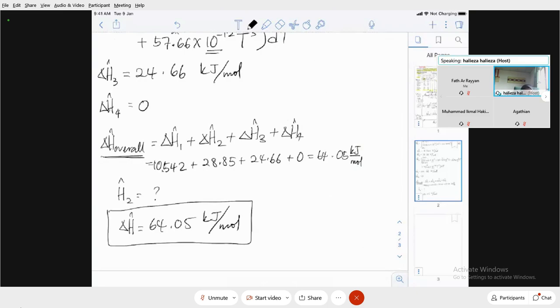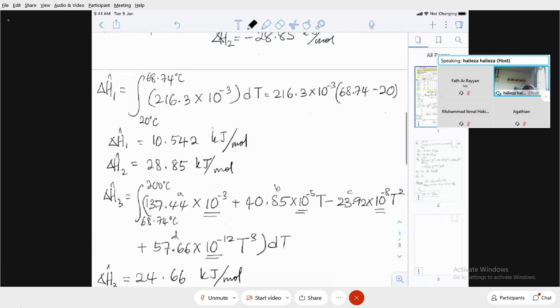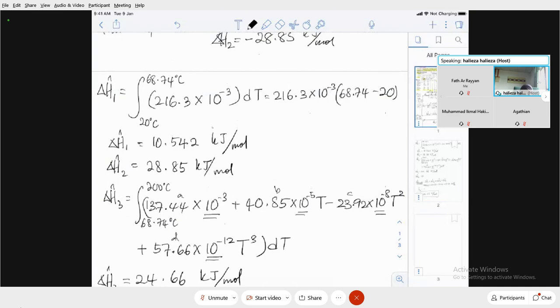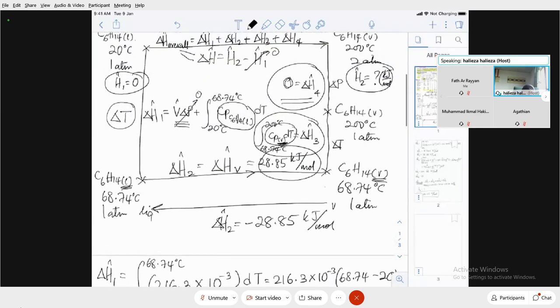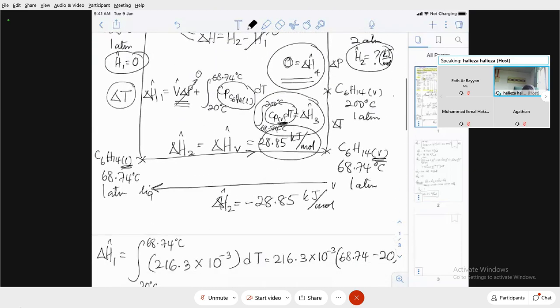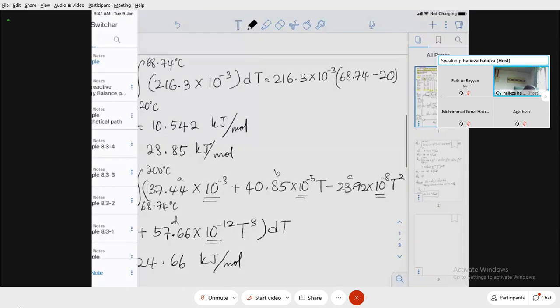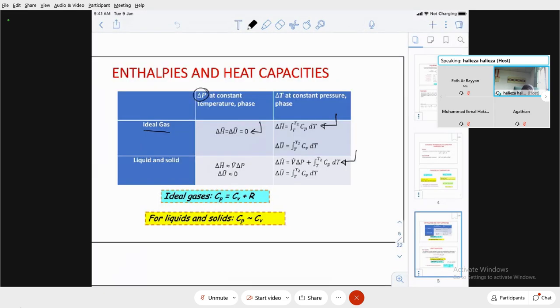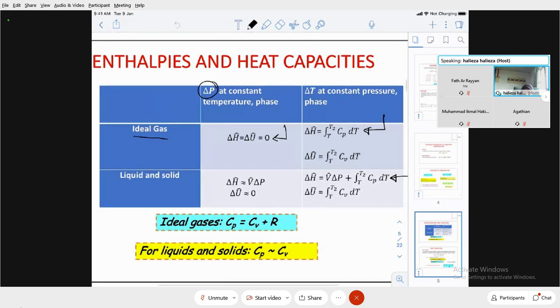When you don't have any data at all available, you have to look up the specific enthalpy. You have to look up the heat capacity, and you have to look at its boiling point, because there's a change of phase over here from liquid to gas. You need to know what equation to use, based on this table, based on what is happening: change in pressure or change in temperature.